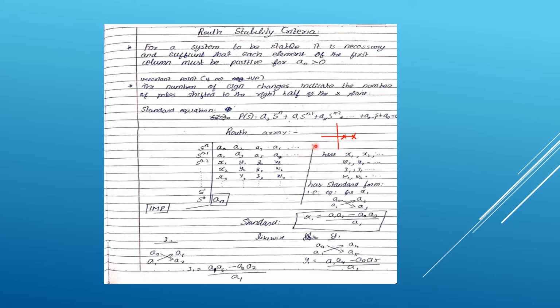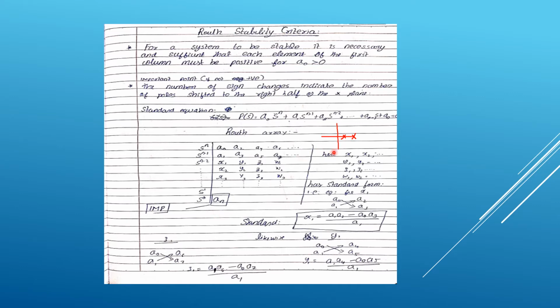Likewise it continues till an, and we will find all other elements using a standard formula. When we come to the end, the final value will always be an, that is the last element in the standard equation, the constant. Do remember, it's an important point.